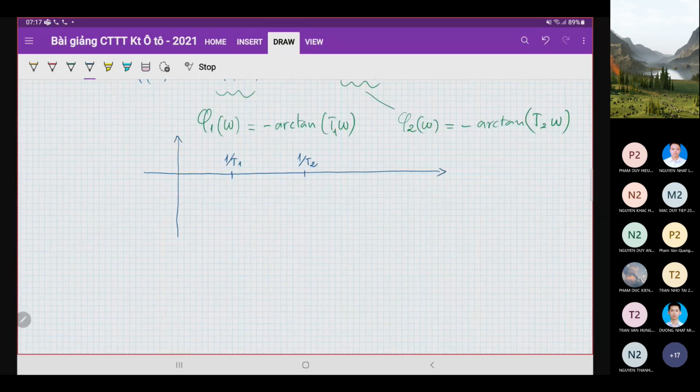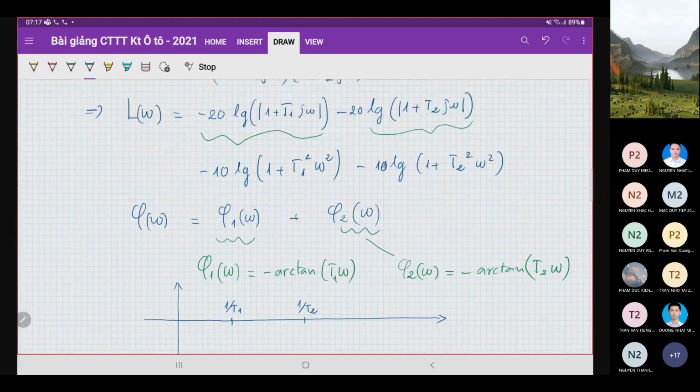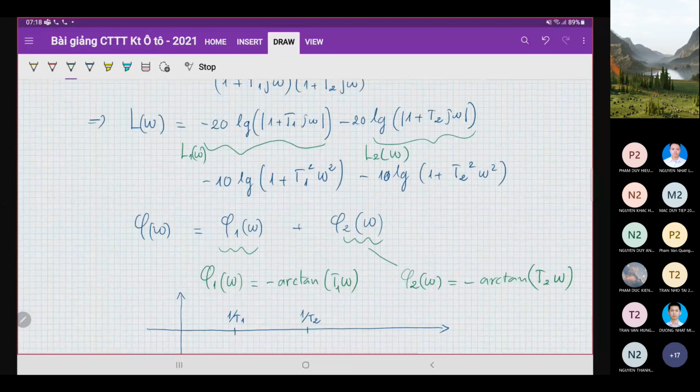All right, now first we draw the L1 diagram. Here we draw L1(omega), and here we have L2(omega), right? That means here we check the diagram addition.